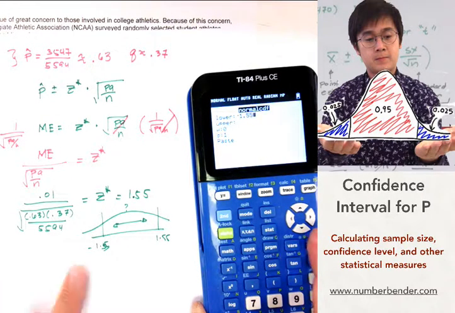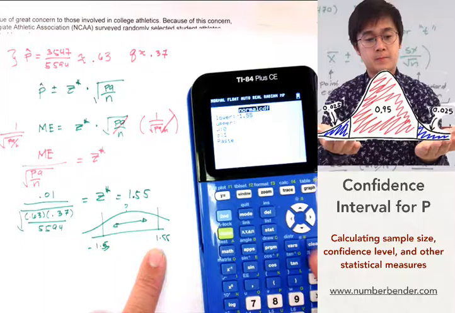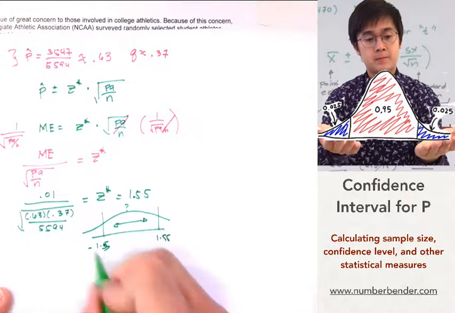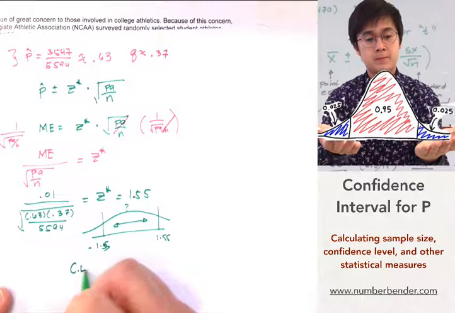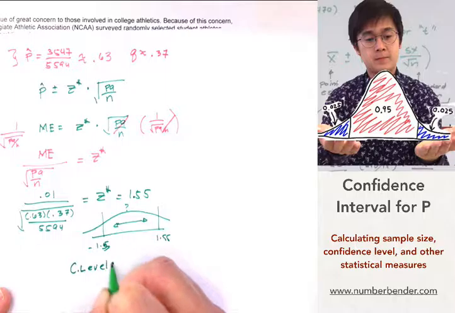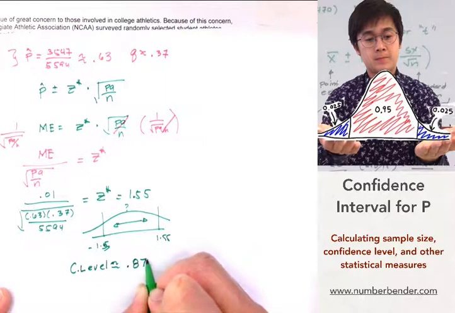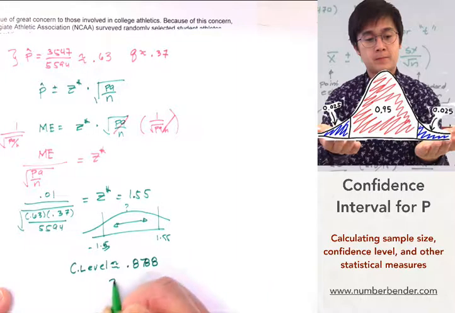So 0, 1, because it is a z-score. So 0.8788. So our confidence level will be about 0.8788, or 88%. So, that is how to get the confidence level given the information in our confidence interval.